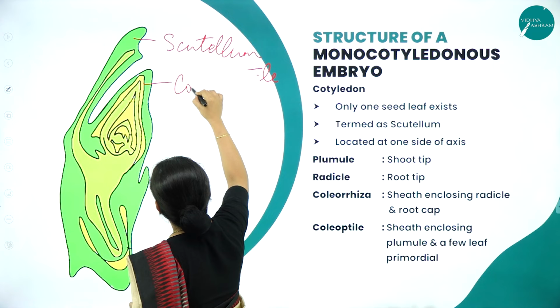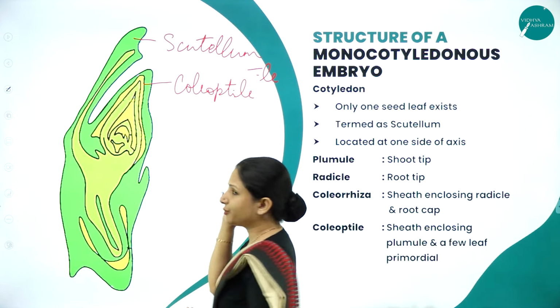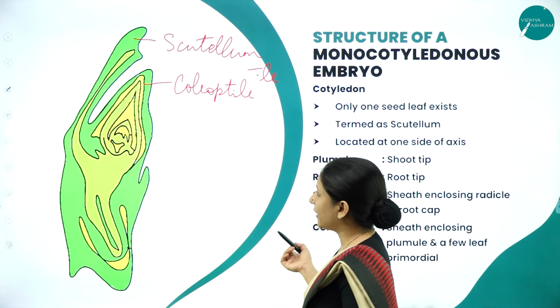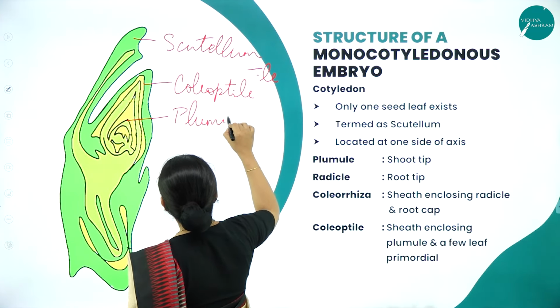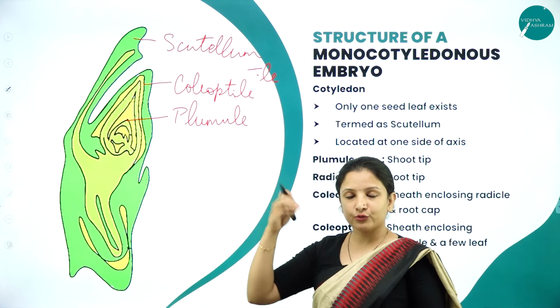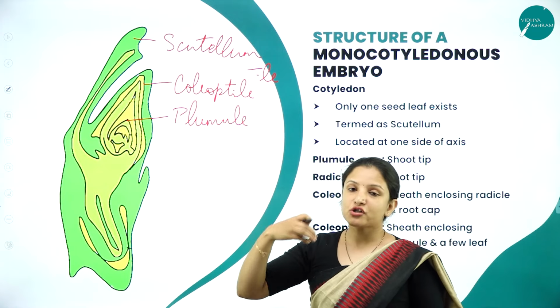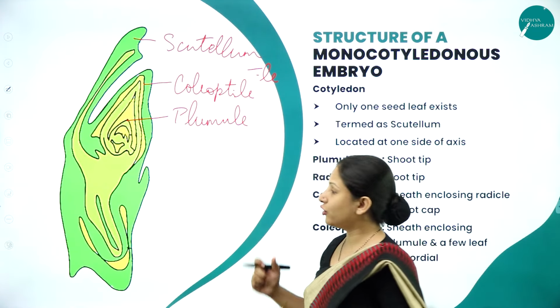It is called the coleoptile. And what is the function of the coleoptile? Same as what we learned in dicot. It protects the plumule. Plumule is the shoot tip of the monocot seed through which the leaves or the shoots develop. And that plumule is protected by the coleoptile.